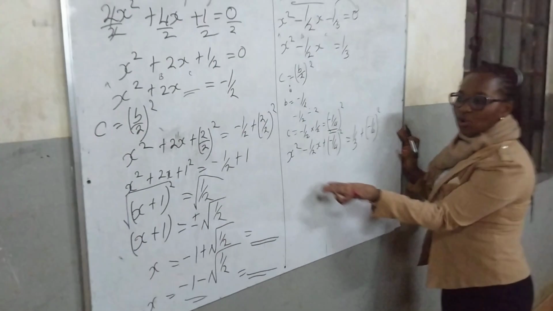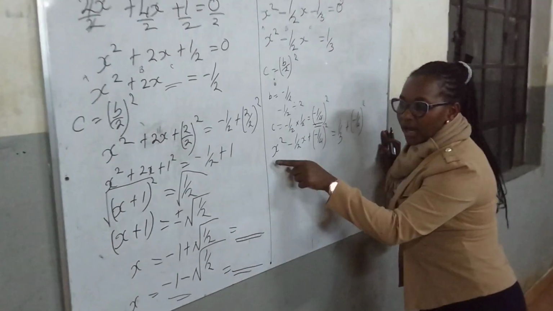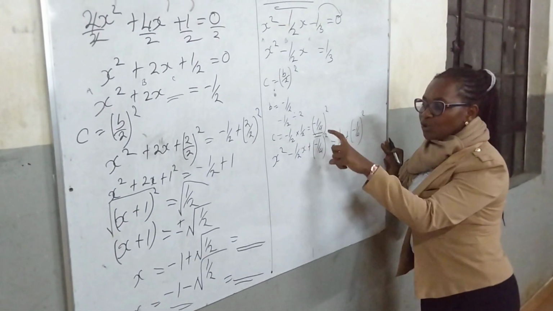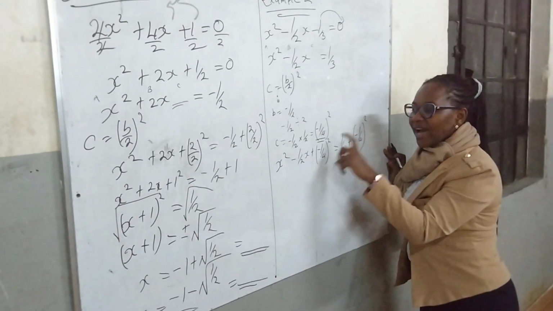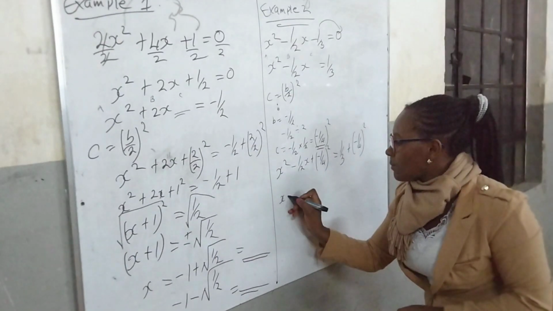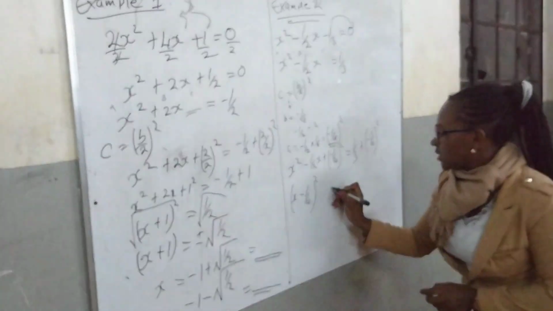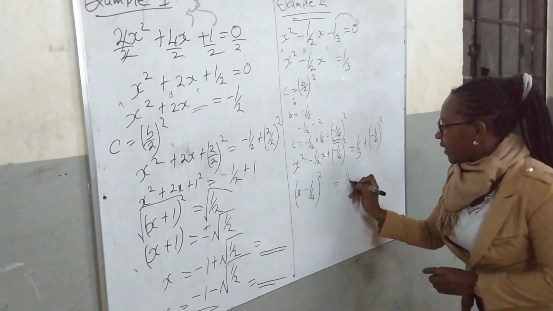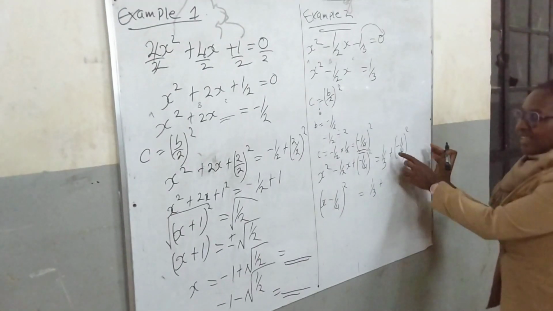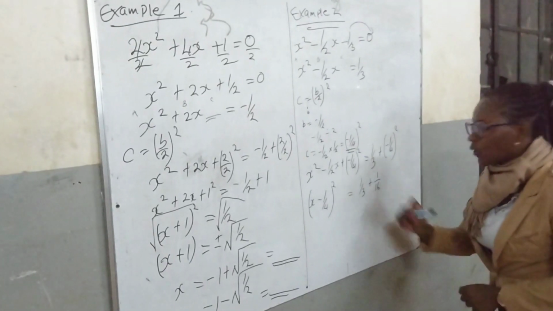Without forgetting, what we do on the left hand side, we do the same on the right hand side. So we have our x squared and we have negative a quarter squared. Rather, we are going to have (x minus a quarter) squared is equal to a third plus, on the right hand side, the exact value of negative a quarter squared, which is 1 over 16.